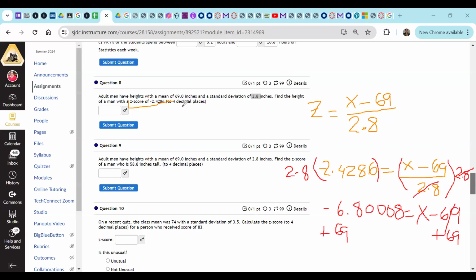It says up to 4 decimal places. So I would say 62.1999. Then the next number is 2, so it would stop here.